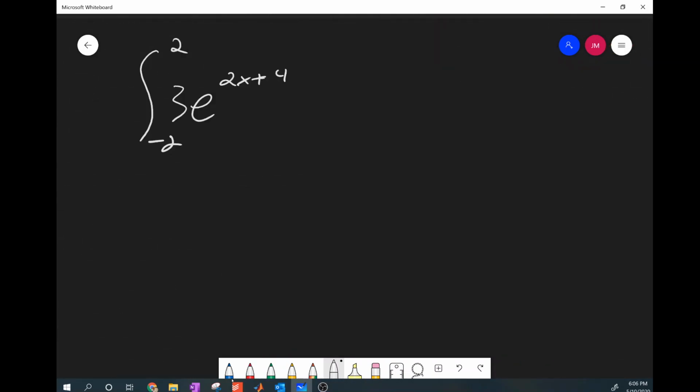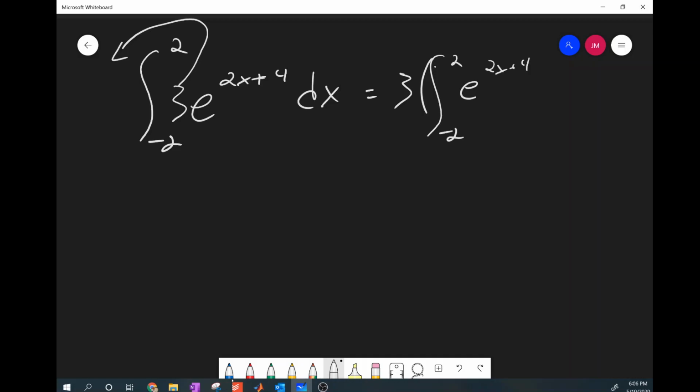We've got the integral of 3e to the 2x plus 4 dx. Now this 3 might be tricky, so we're just going to leave it outside for now. We're going to say 3 times the antiderivative from negative 2 to 2 of e to the 2x plus 4 dx.